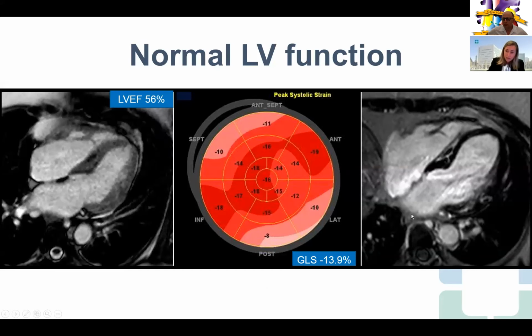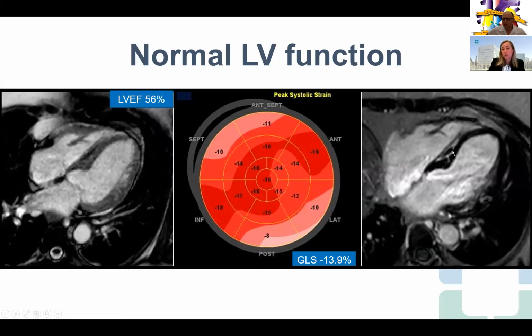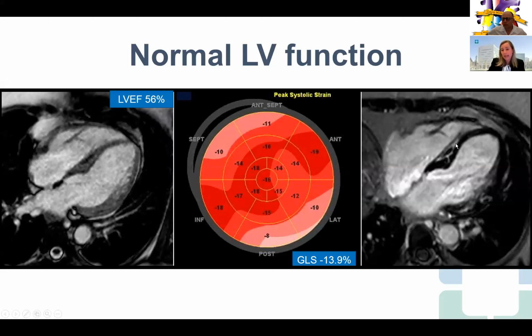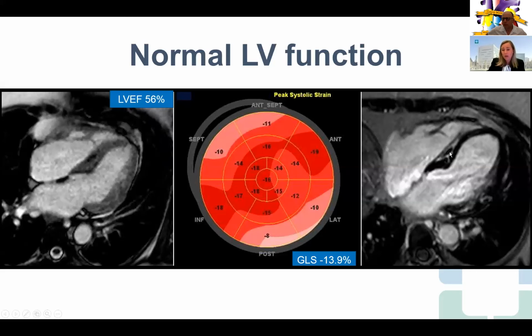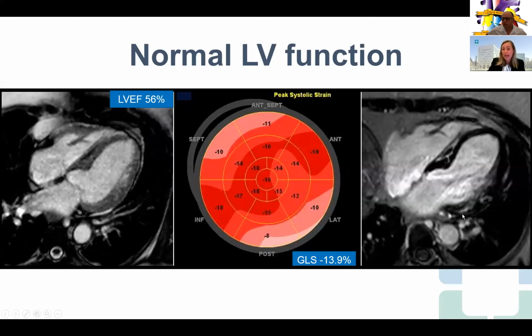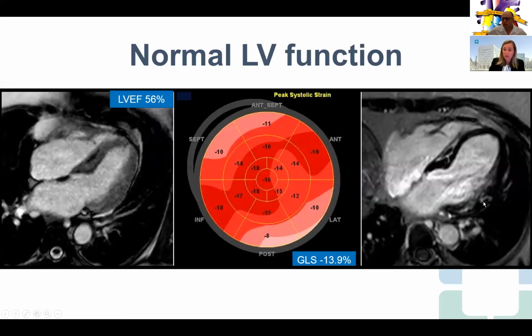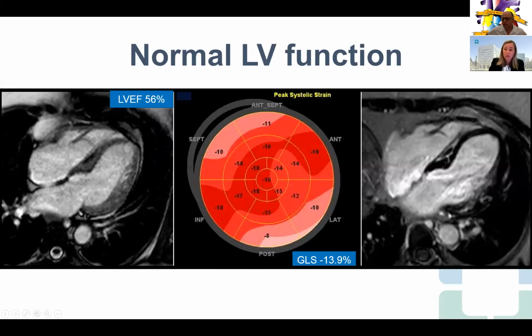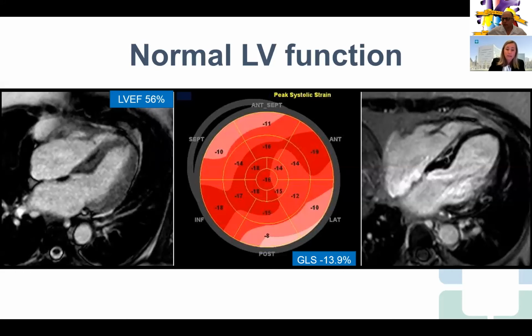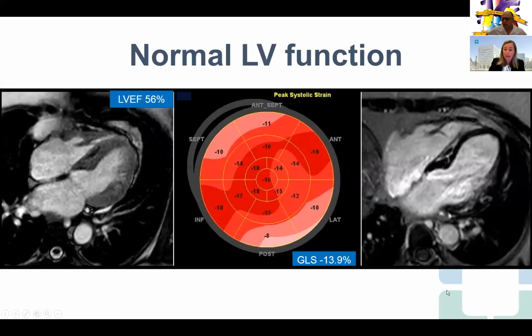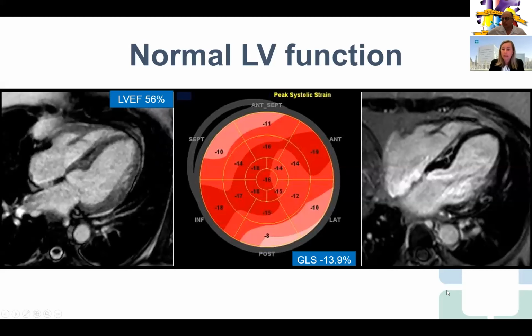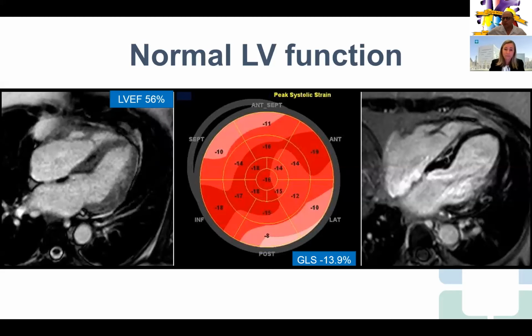And then nicely on the delayed enhancement sequence here, you see illustrated with delayed enhancement the uptake here in the septum and the basal to mid lateral wall corresponding to the areas of reduced strain. So you can imagine if we relied only on the echo or the MRI cine images that we may miss the likelihood for cardiac sarcoidosis in this patient.